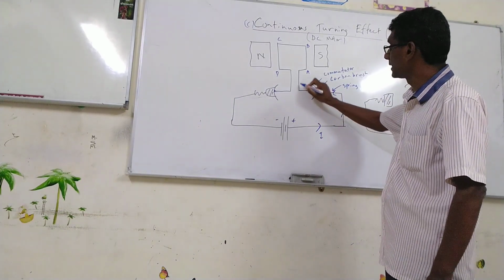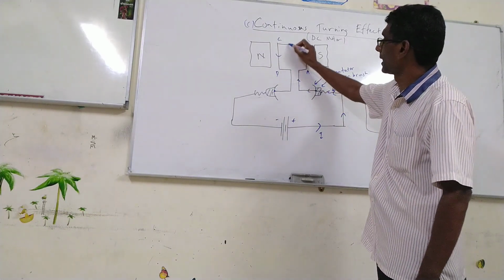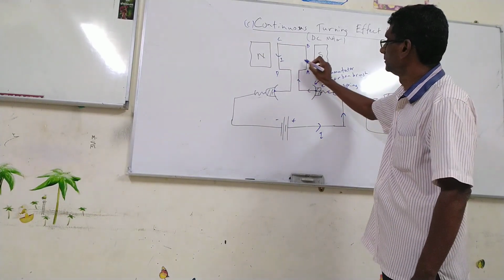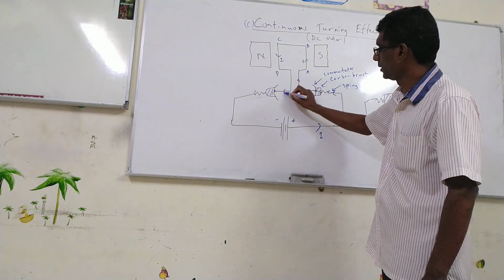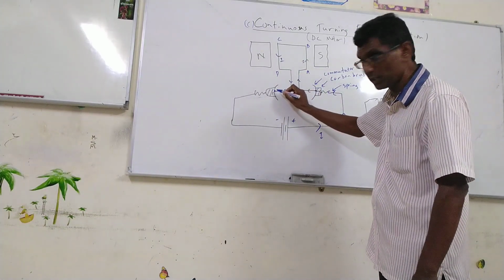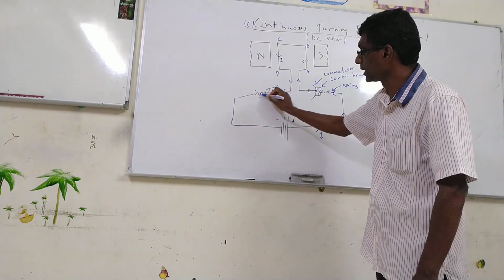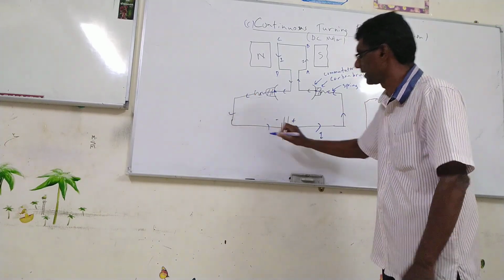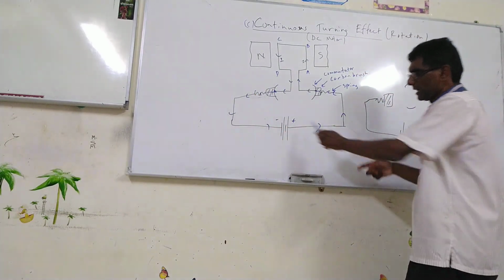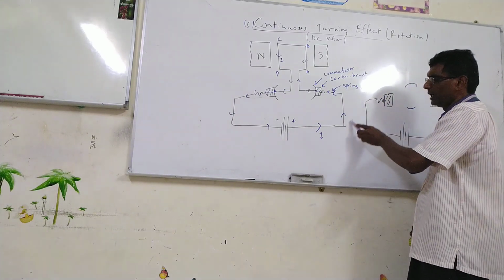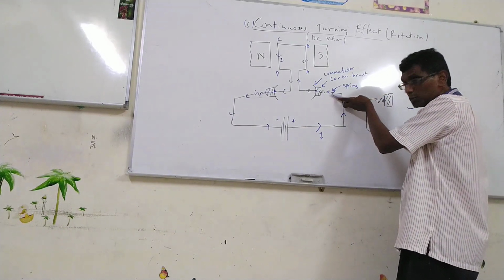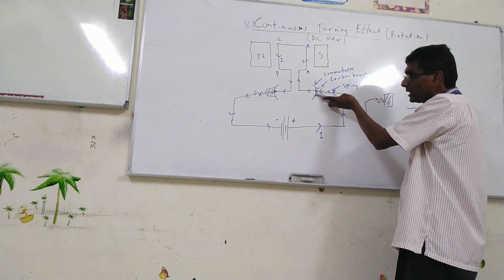See here, the commutator: the current going in and current coming out. The current coming out goes through the commutator again, the carbon brush and the spring, and this one is negative.